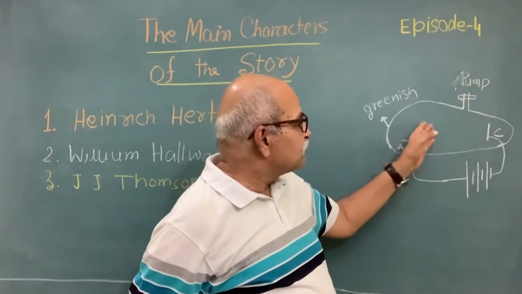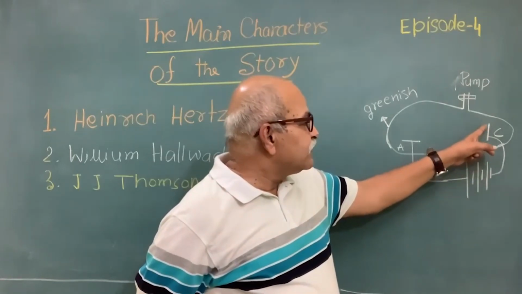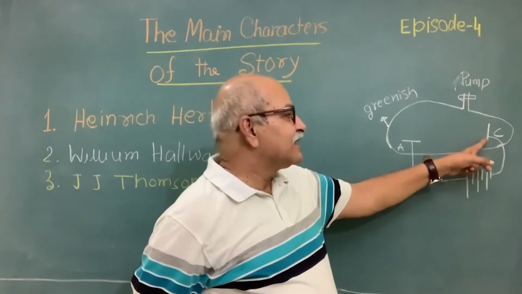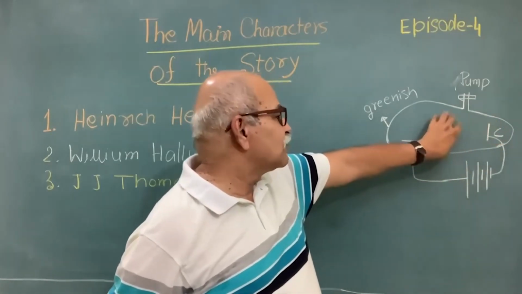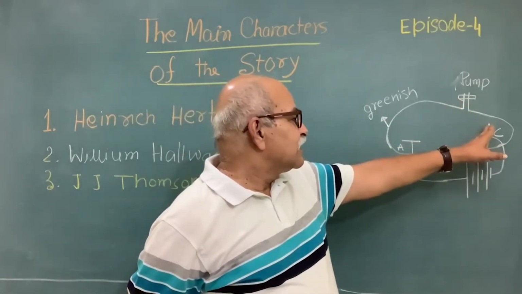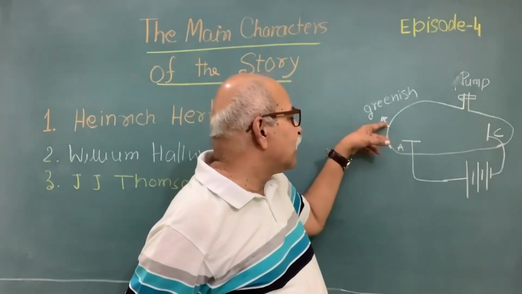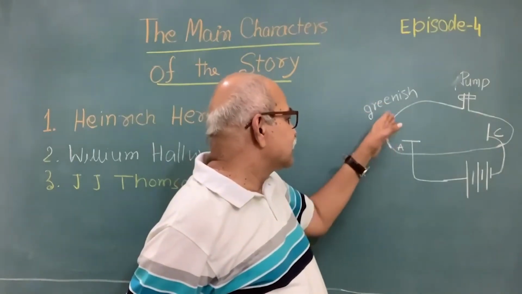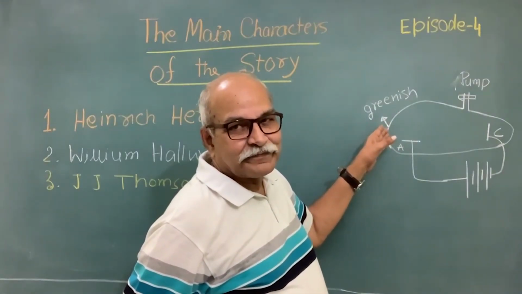Because of this electric field, those positive ions go this side and hit this cathode with large velocities because of their large mass, and then electrons are emitted from here. They are the main component. You do have a little bit of electrons from the gas also, but the main component is electrons ejected from the cathode, and these electrons hit this glass surface, where there is some excitation in the material, and from there that greenish color comes.